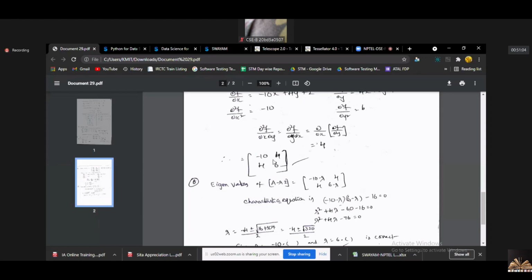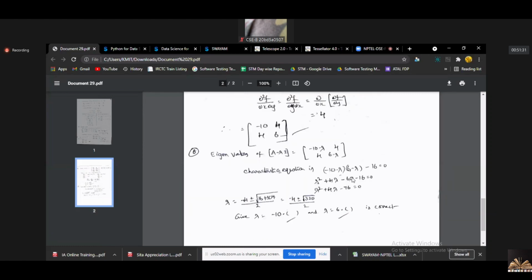And the other entries we got here are the same: 4 here, and here also 4. Once again, A minus lambda on the diagonal, so 6 minus lambda, 6 minus lambda.